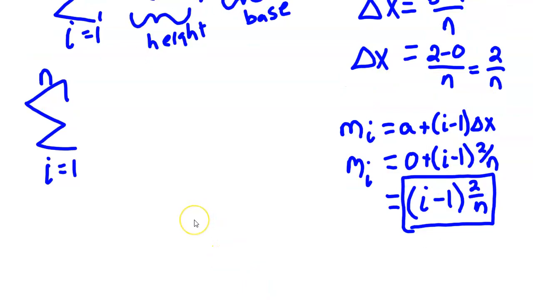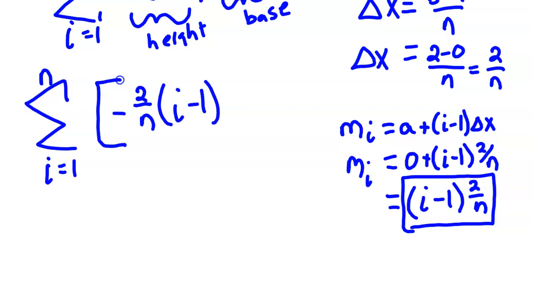If you plug that into it, you would have something like this. I'm going to bracket it: negative 2 over n times i minus 1, and then all of that is squared. So I better put that in there. I saw my negative out front.